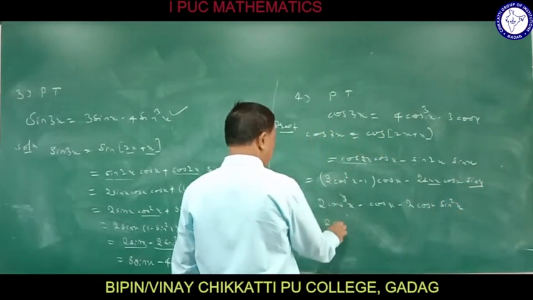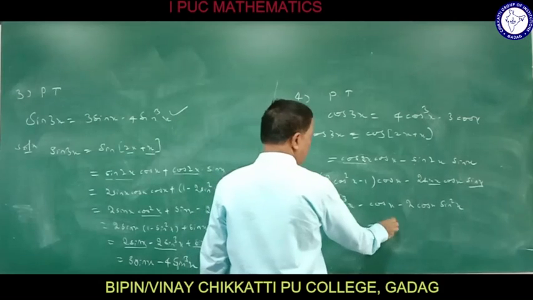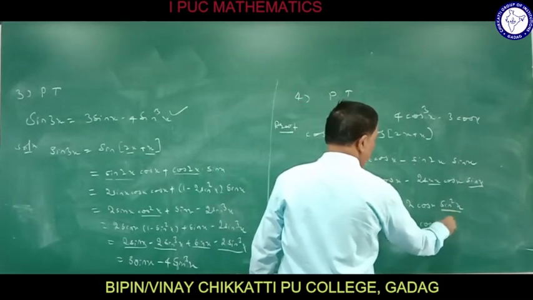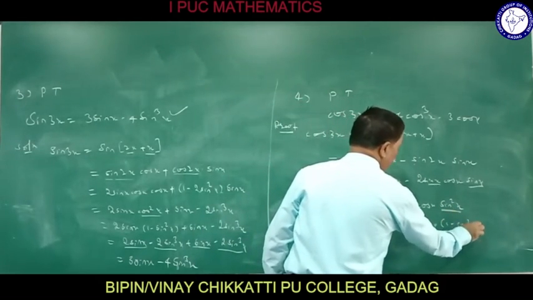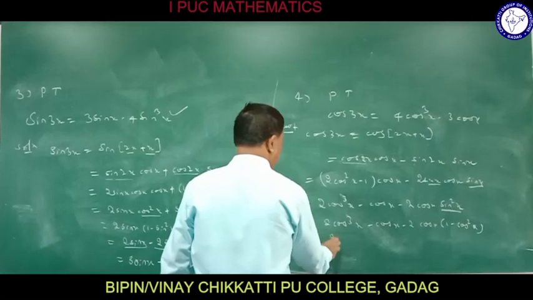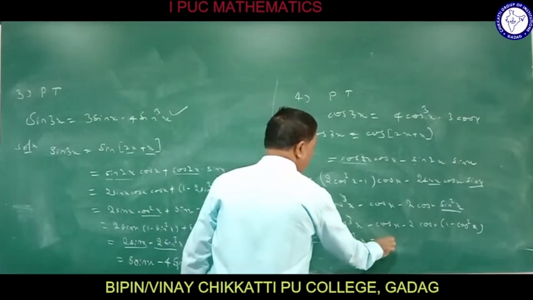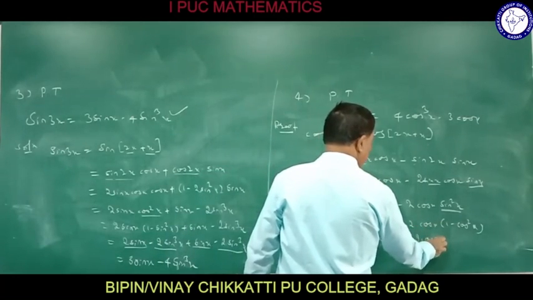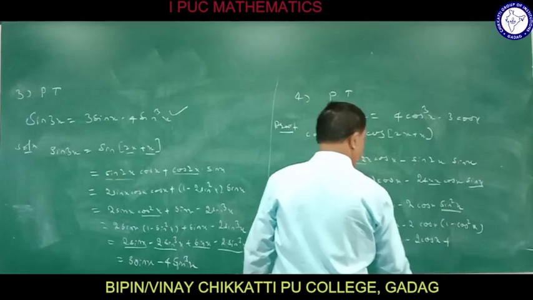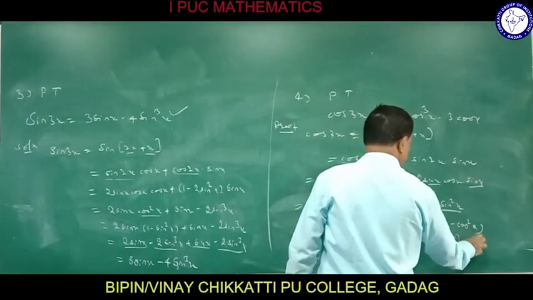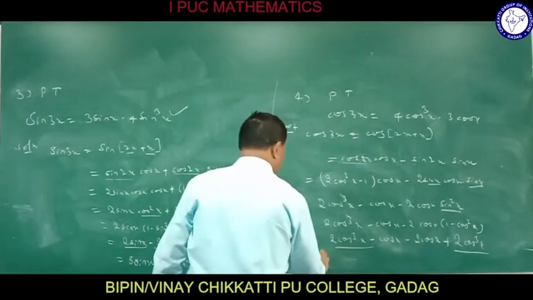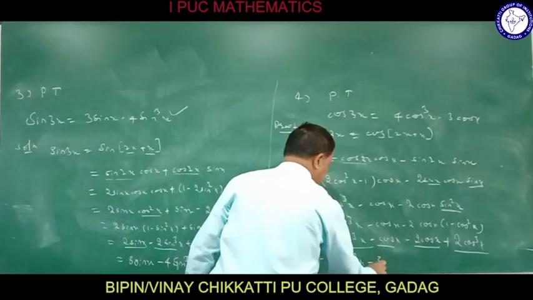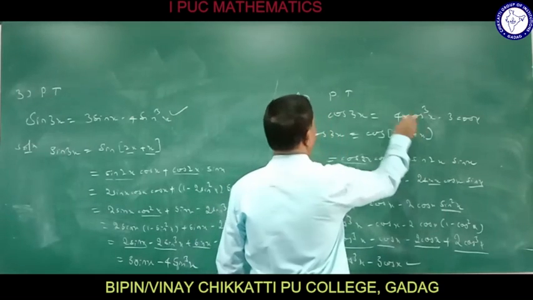Once again you continue: 2 cos cube x minus cos x minus 2 cos x, and sin square can be written as 1 minus cos square x because the answer is in cos. So last you see 2 cos cube x minus cos x and minus 2 cos x, minus minus plus 2 cos cube x. So 2 cos cube x becomes 4 cos cube x, and minus x minus 2x is minus 3 cos x, and that is the result we have proved.